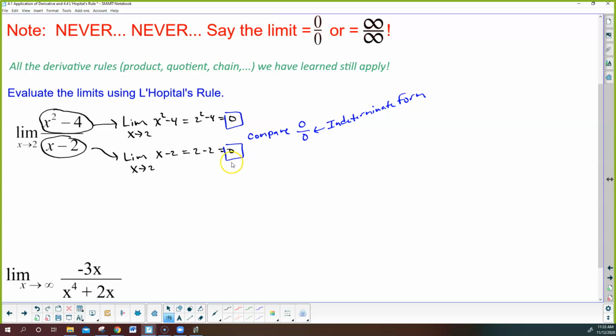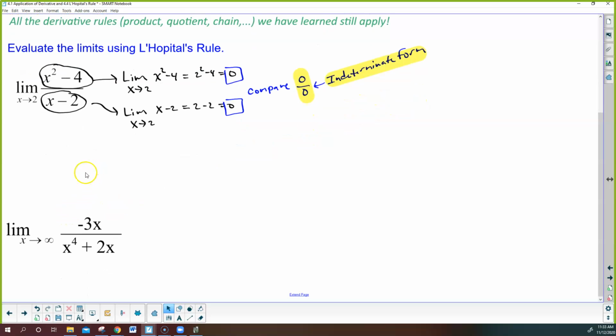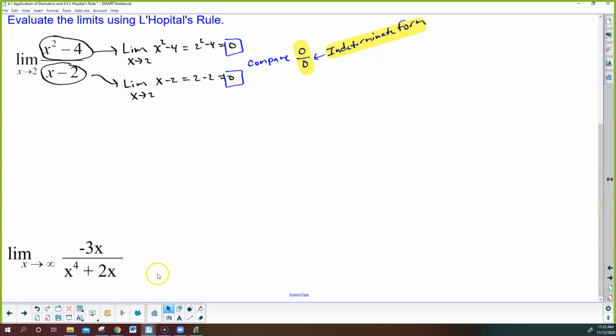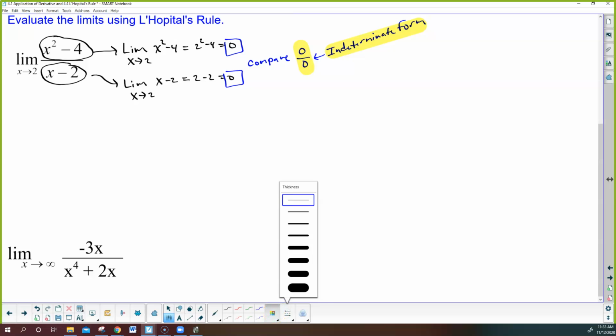Now, we didn't technically do L'Hopital's rule yet, but I showed that I reached the indeterminate form. You have to show that you reach the indeterminate form first. Now that I have shown that, I usually put a frowny face because that doesn't give me an answer.